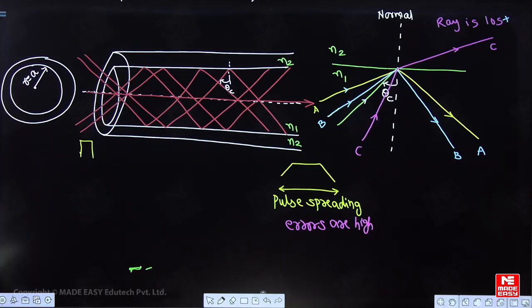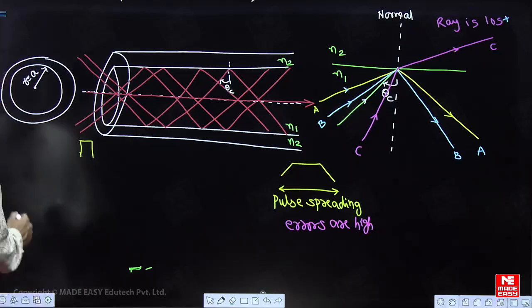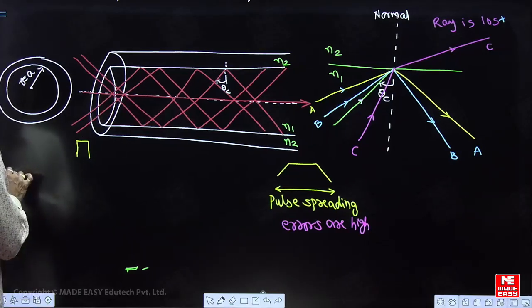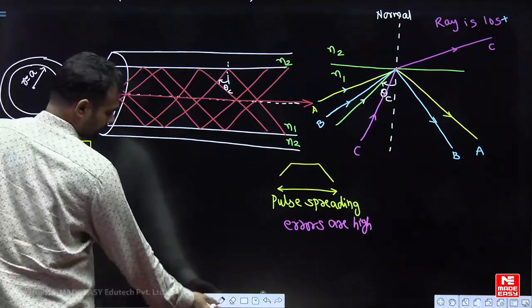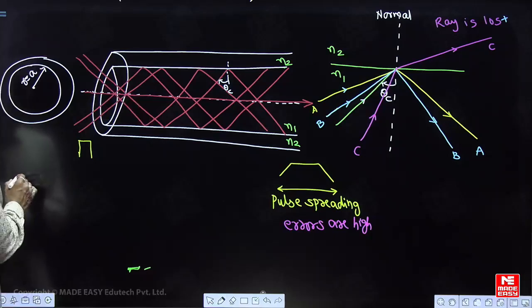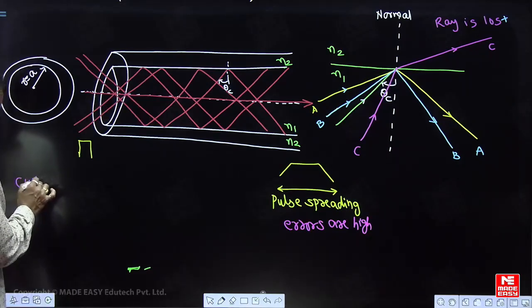Now we can see the next concept, that is the cutoff wavelength, given as lambda c. All of you please concentrate.